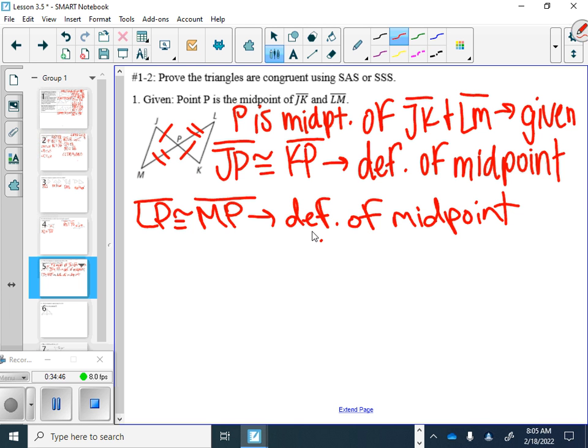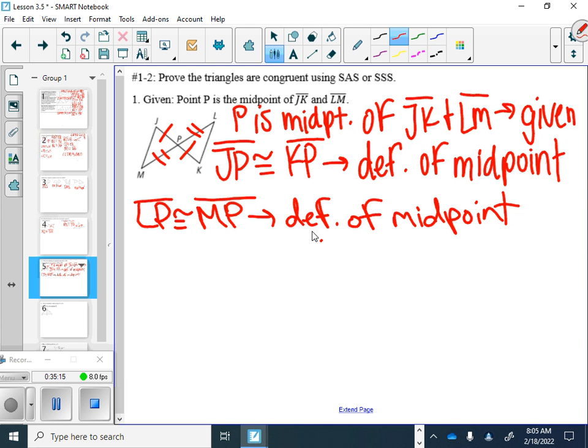Alright, so now let me ask you this. Now we have to start thinking, is this going to be side, side, side, or side, angle, side? Is there anything in this problem that can help me figure out that JM and LK are congruent to each other? Was I given anything that can help me there? No. And we're not grasping for straws here. If there wasn't anything given there that could help me, then that's it.